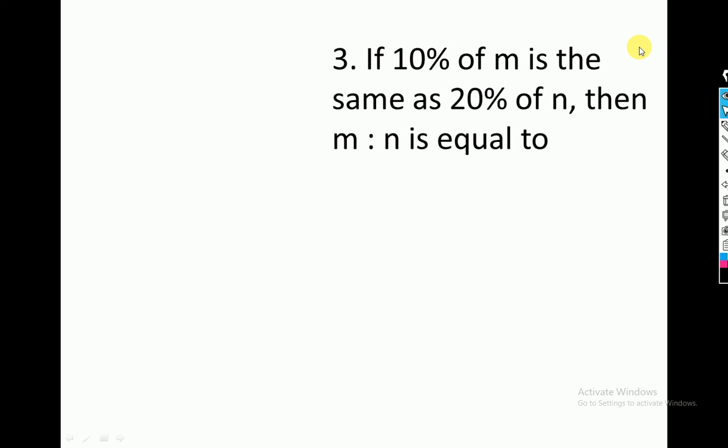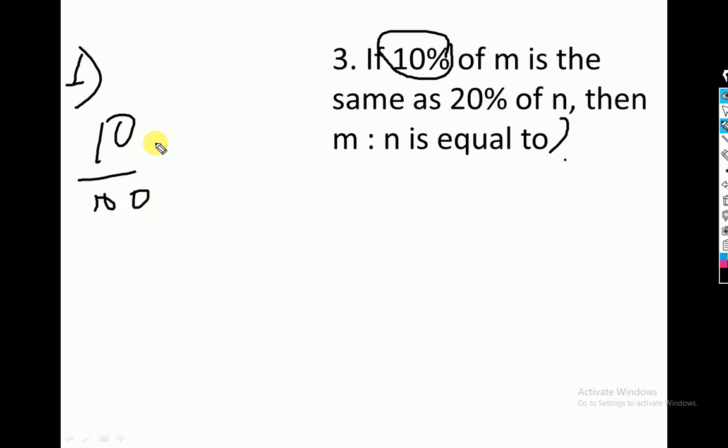If 10% of m is the same as 20% of n, then m is to n is equal to how much? This is our third question. Method 1: do it with the percentage itself. 10 by 100 of m equals 20 by 100 of n.